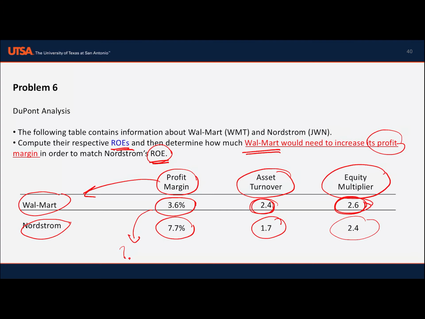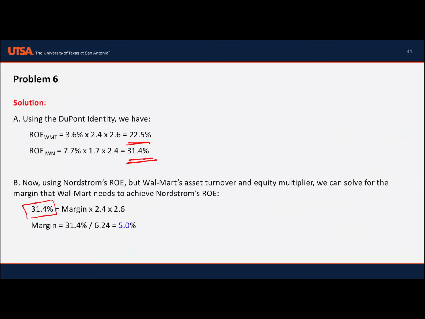So as we know, return on equity is 31.4. 31.4 is equal to the profit margin of Walmart multiplied by 2.4 multiplied by 2.6.